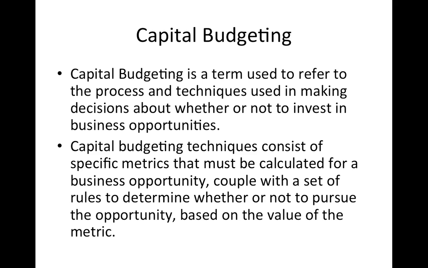Usually, a particular capital budgeting technique would be defined by a metric that you are supposed to calculate in a particular way as it relates to a business decision, and then a rule that goes with that metric that basically says, if the value of the metric is this, it's a good decision and you should go ahead and make the investment. If the value of the metric is not this, it's not a good decision and you should not make the investment. So that's basically the way those work.